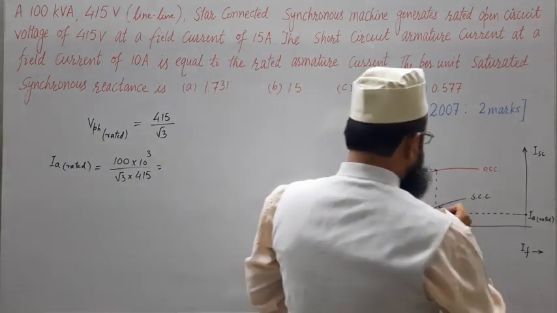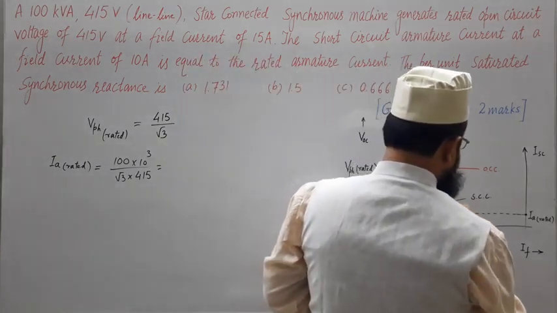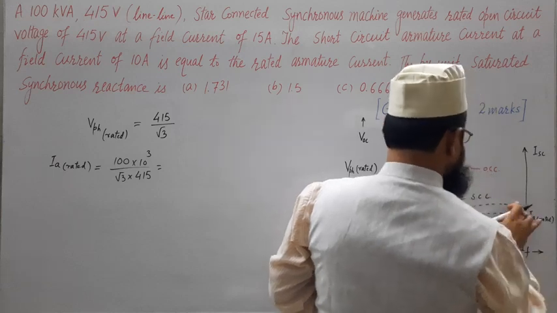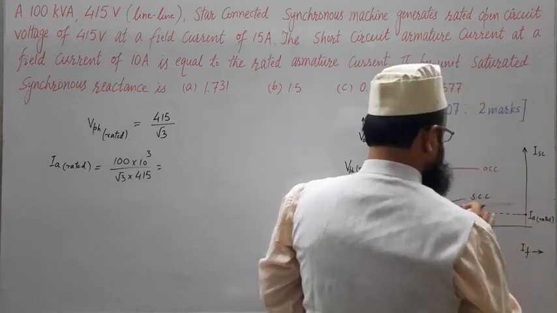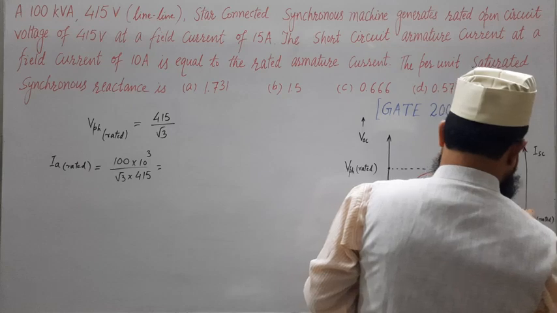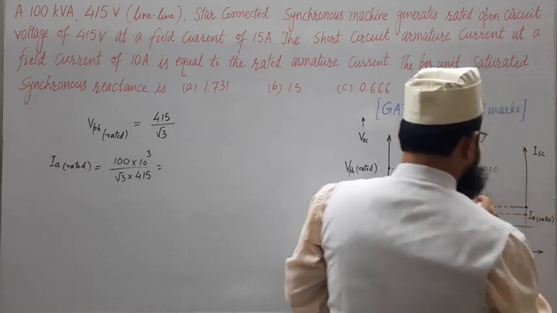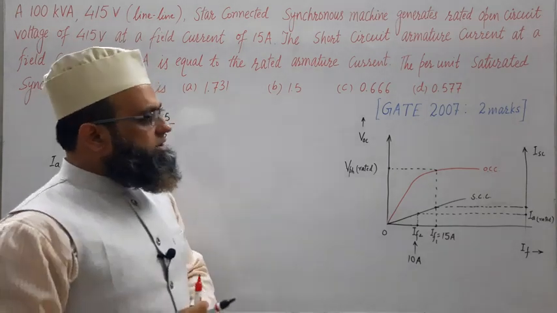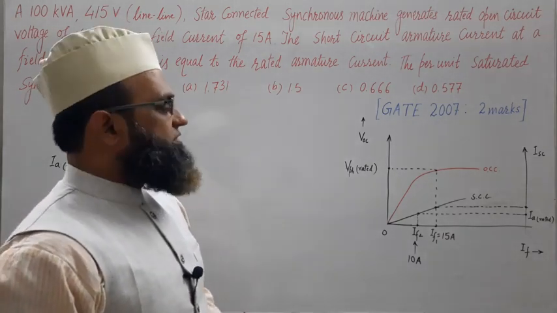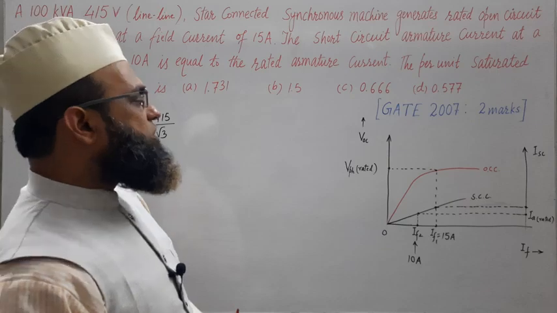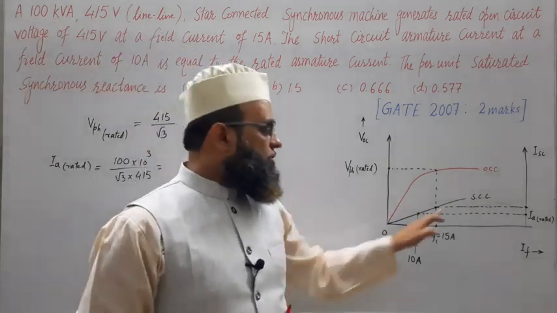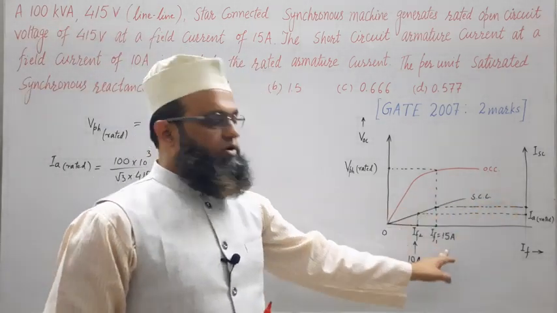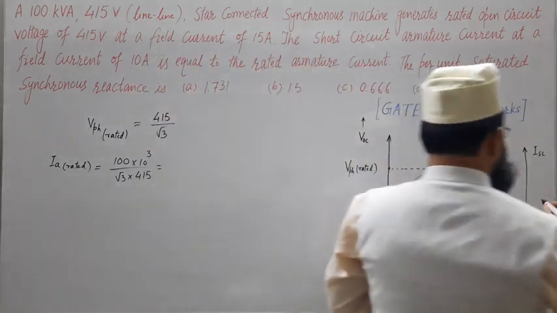So for that we need to evaluate this short circuit current corresponding to IF1. Remember, in the previous lecture we discussed that synchronous impedance is nothing but the ratio of open circuit voltage to the short circuit current at the same value of field current. So we need to evaluate this.